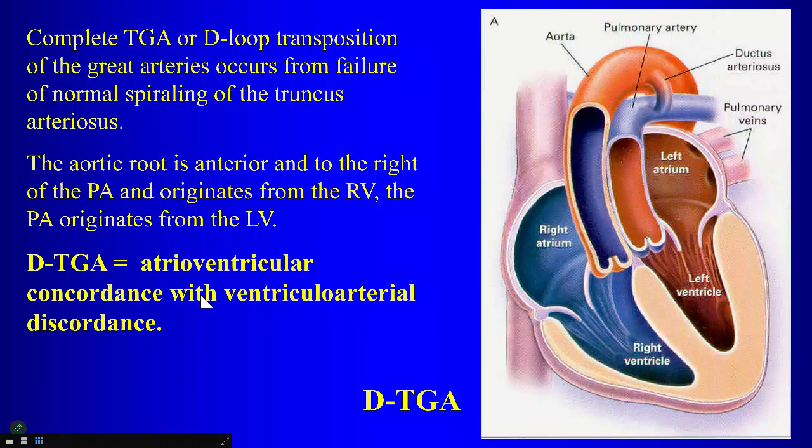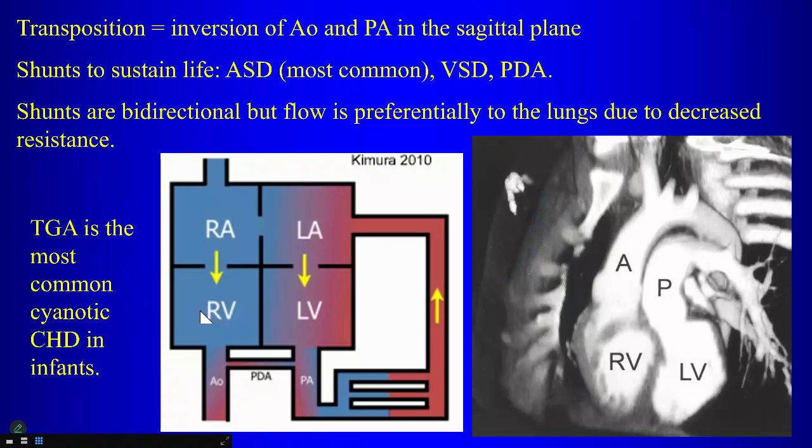So with D-transposition, there's atrioventricular concordance and ventricular arterial discordance. Now this sets up two completely separate independent circulations, so it would be incompatible with life unless you have shunting that allows communication between the two. So there will always be shunting between the two: ASDs, most commonly VSDs, and PDAs.